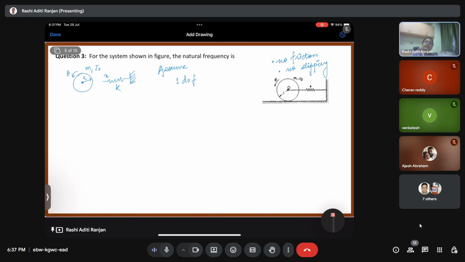The only thing is that since there is no slipping, I can now relate theta and x with each other. How? So see, earlier the cylinder was something like this here, and then we have this point over here. Okay. This goes to something like this.